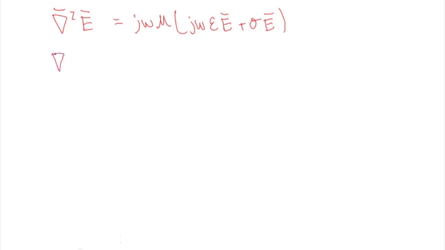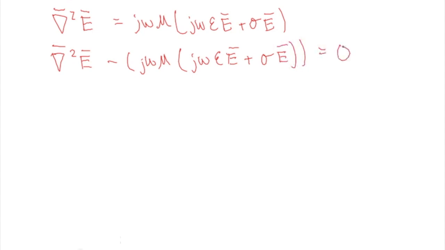So we can move our right hand side over to the left hand side. Then we get del squared of the electric field minus jωμ times (jωεE plus σE) equals 0. And this looks awfully familiar to our old wave equation.